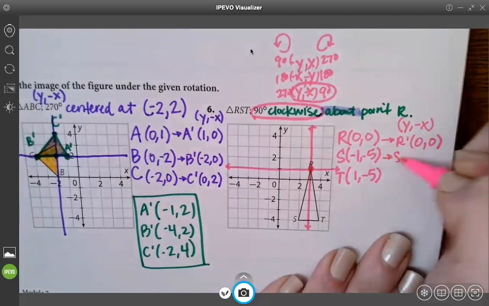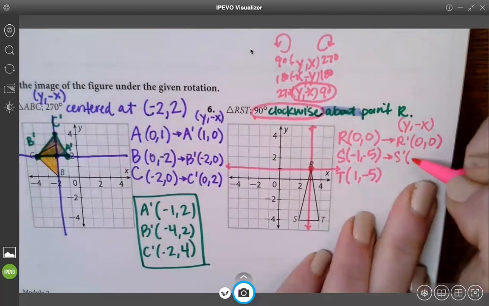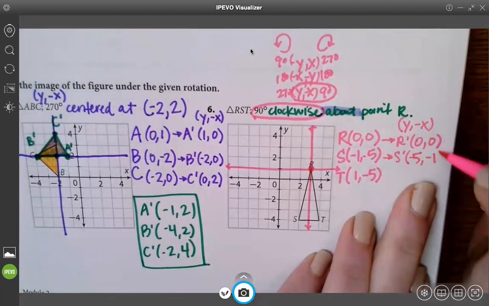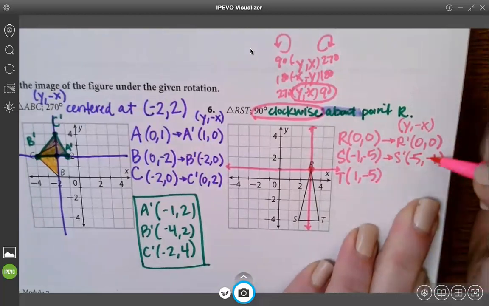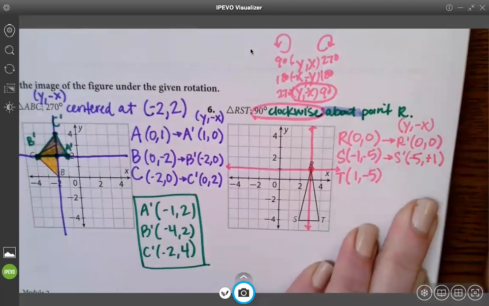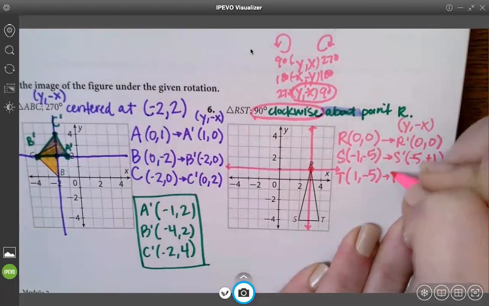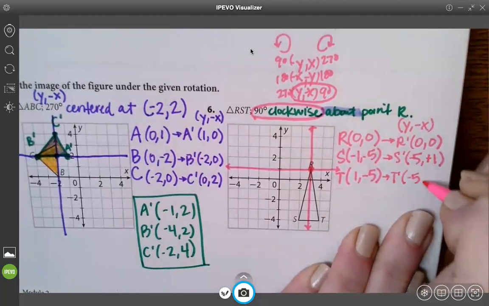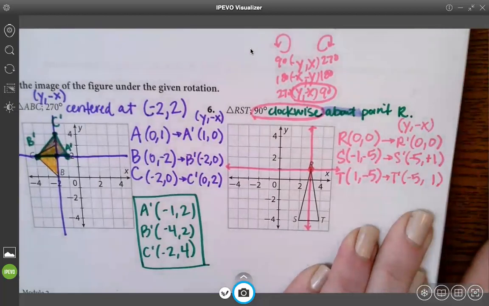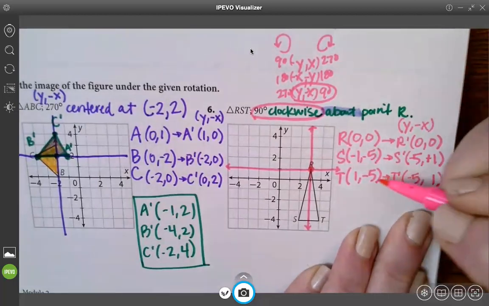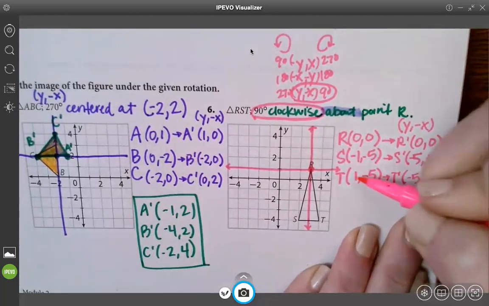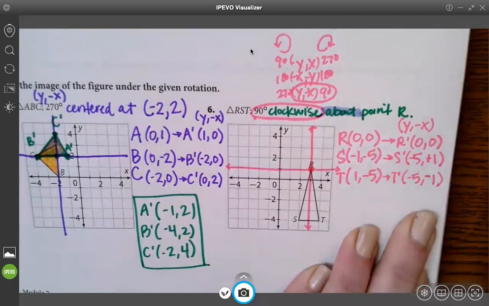On S prime, we switch our order, negative 5, comma, negative 1, and then we change the sign on the back number. So now it's positive 1. On T prime, switch our order, negative 5, comma, 1, and we change our sign. So positive 1 becomes negative 1.